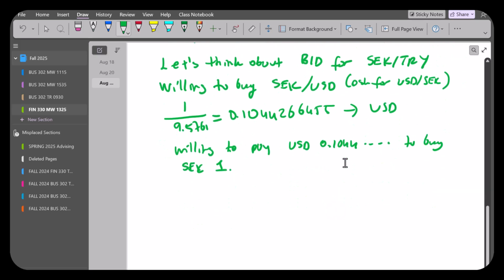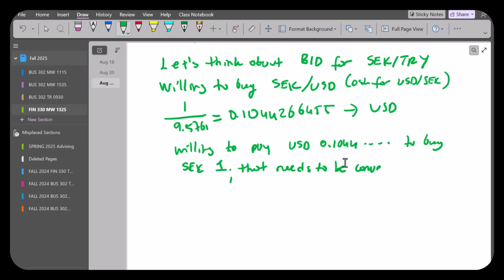But that needs to be converted to Turkish lira. So how do I do that conversion? In order to get 1 Swedish kroner, I need to pay that much.